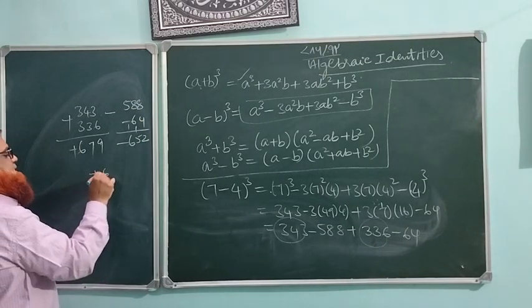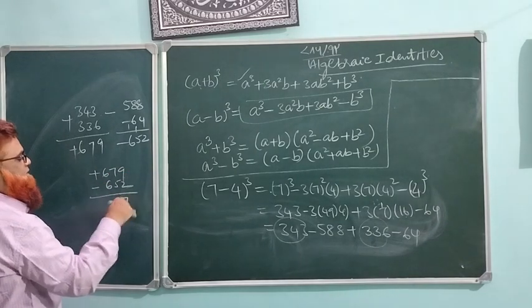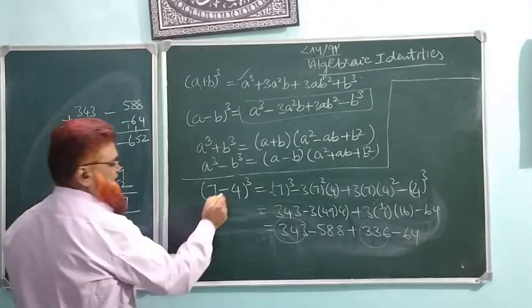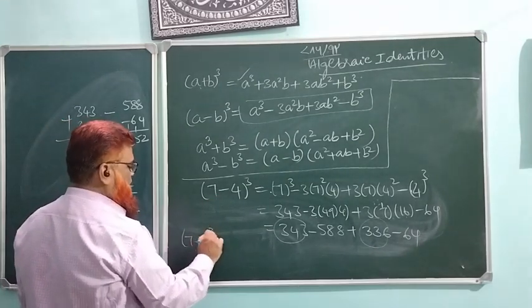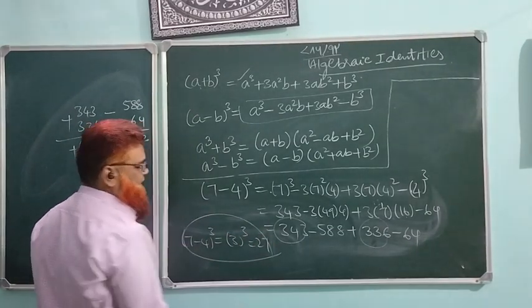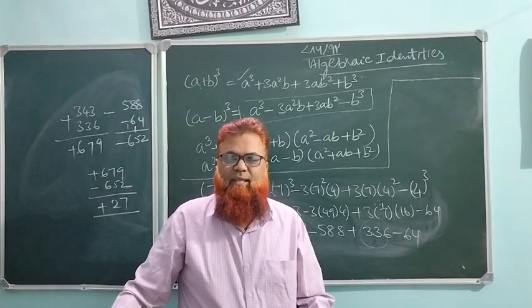So plus 679 minus 652. What answer do we get? We get plus 27. Yes, obviously (7 minus 4) whole cube, which is equal to 3 cube, which is equal to plus 27. This is the way that we can prove it.